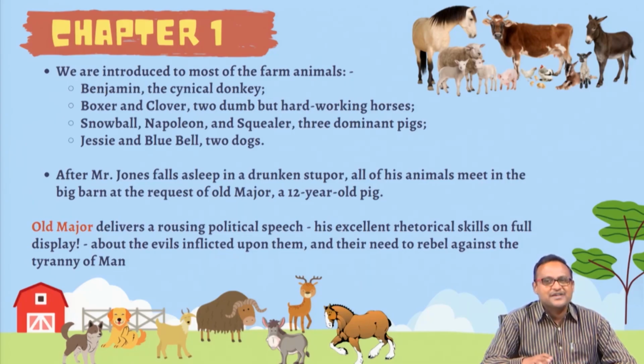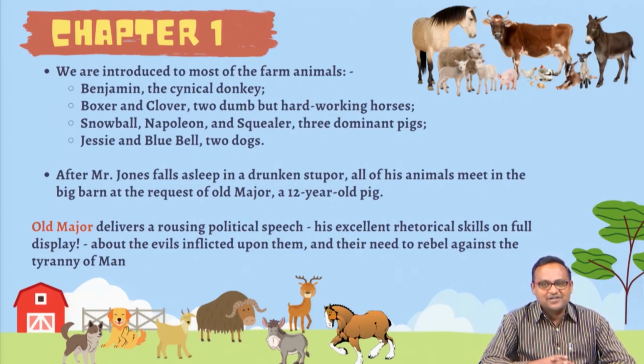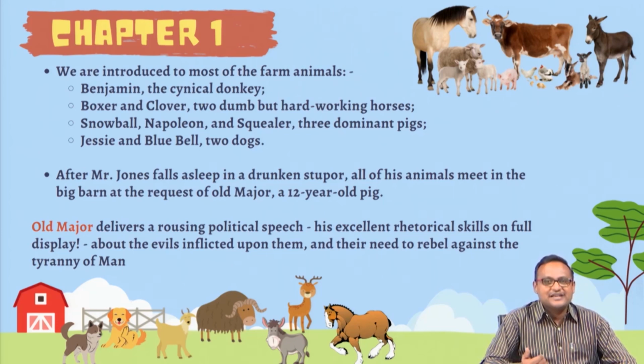Therefore they are not very happy with him. So the moment he goes to bed on a particular night, that is when the novel begins. There is a meeting that has been convened in the old barn where Old Major, of course a major pig, wants to deliver a speech.